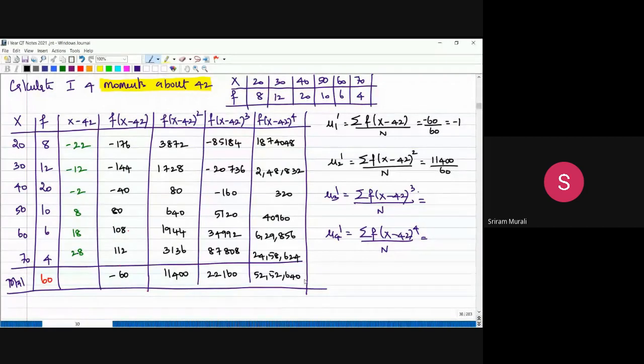So for the whole cube, if it is mu3 dash, mu4 dash, then mu3 dash is sigma f into x minus 42 to the whole cube by n. This is equal to 22160 by 60.